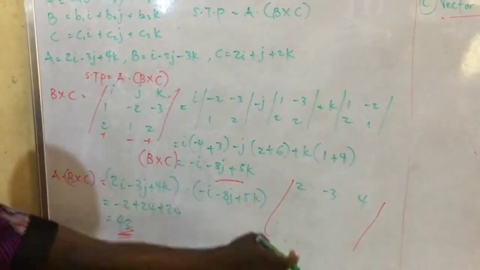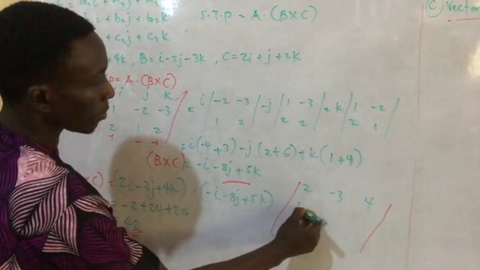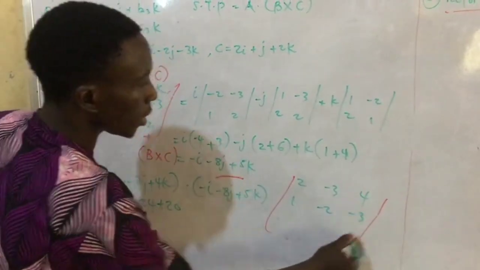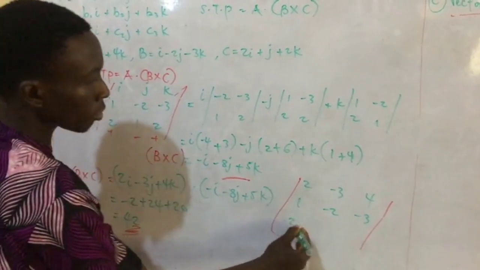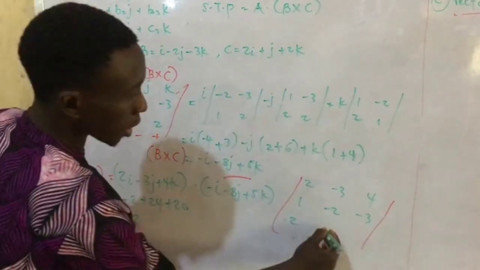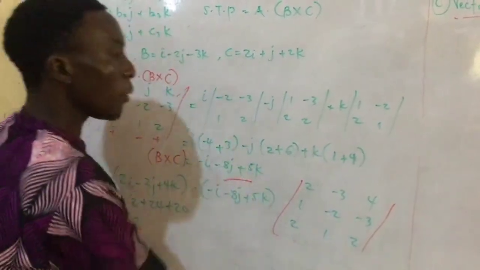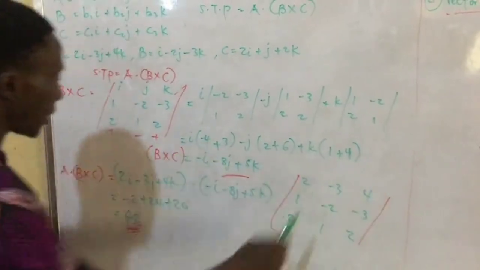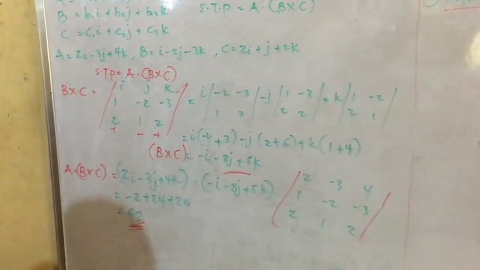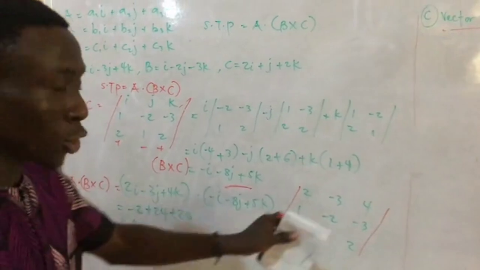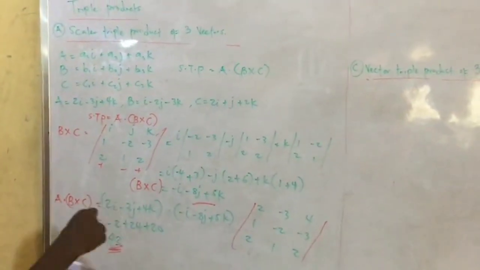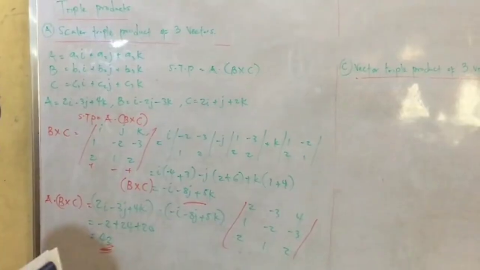Also you take your B and place it under as 1, minus 2 and minus 3, and here too you have 2, plus 1 and plus 2. When you do this, you can do it in the comment section and reply. You can see that you still have the same answer as you have here. So it is still the same. Now you notice that there is no more unit vector here. That's telling you that if you dot 2 vectors, you will not have any unit vectors again.